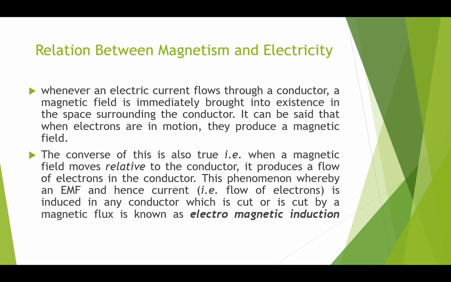So an EMF, and hence current flow of electrons, induced in any conductor which is cut by a magnetic flux is known as electromagnetic induction. When there is current, there will be a magnetic field, and if there is a changing magnetic field, there will be current in the conductor.